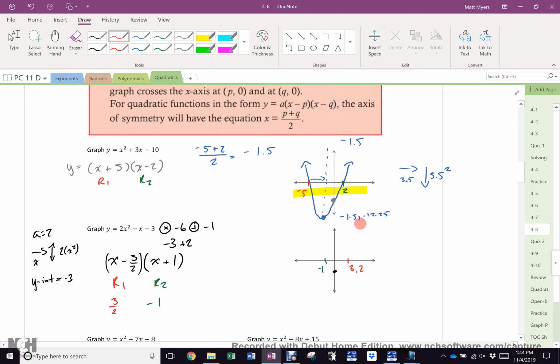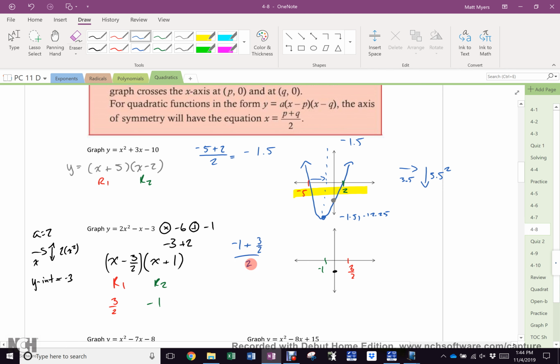Now we know it was this one on the right, right? How do I find my axis of symmetry? Okay, so what do I add? Negative 1 and 1.5. Why did I write 3 comma 2? 3 halves, you idiot. Okay.